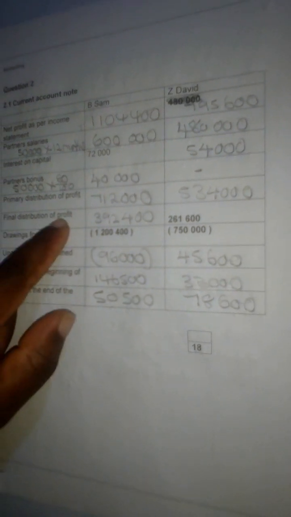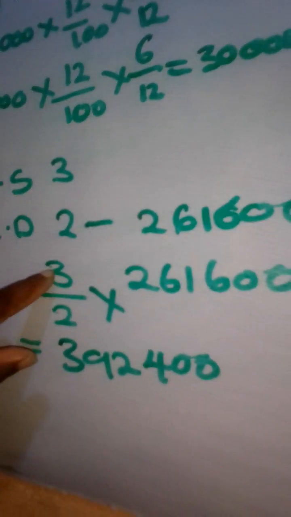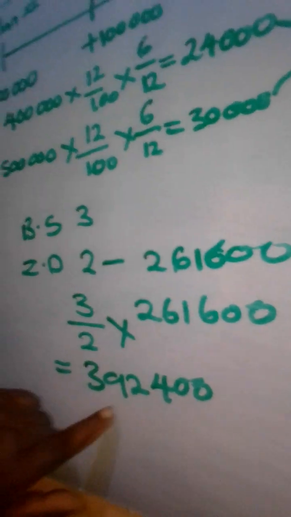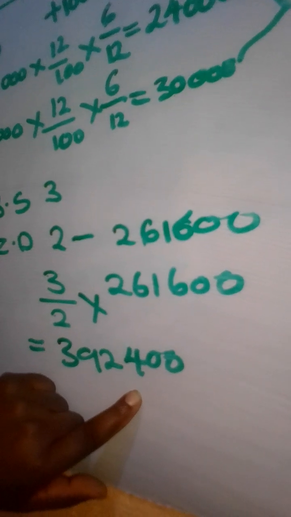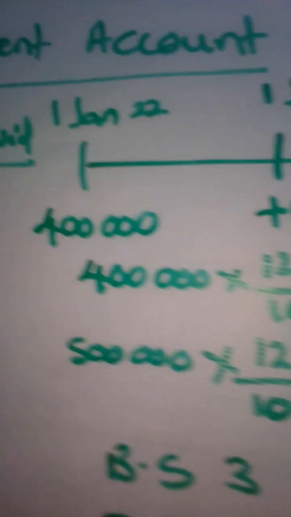Okay, final distribution, this is the amount that remained, and we distribute this money using the profit sharing ratio, the 3:2. Okay, since we're given the 2, we had to calculate the 3 for BSEM, which gave us 392,400. Okay, so this is all for the current account.